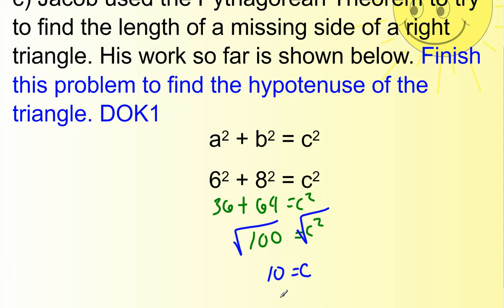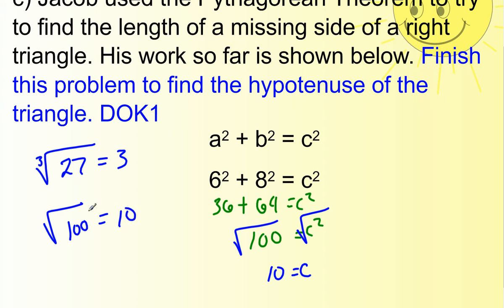One thing I thought of just now that we didn't talk about, I guess it's kind of assumed. When I was talking about cube roots, I had a little 3 in the corner, like cube root of 27 is 3. But when I have square root, I don't put anything in the corner.